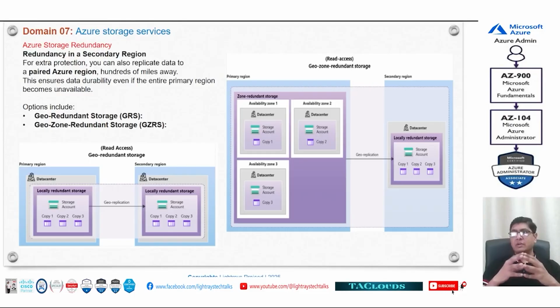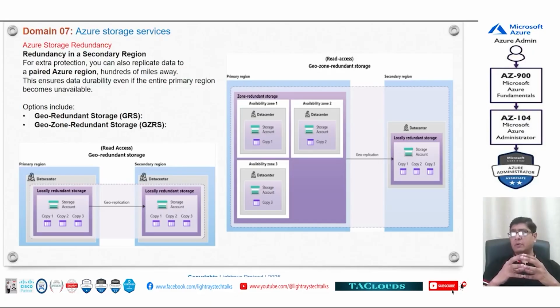That is geo-redundant storage. From the name, we can say geo-redundant: geographically, they are located in a different region. Now, the problem with this third option is, if the whole country goes down, both regions go down, then what will we do? Now we have a fourth option, geo-zone-redundant storage.